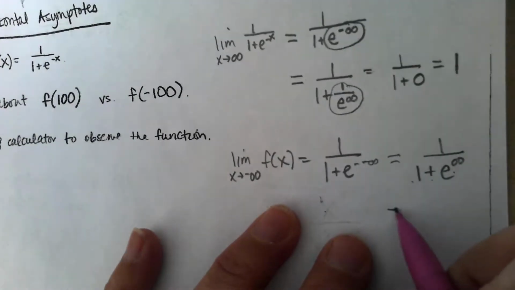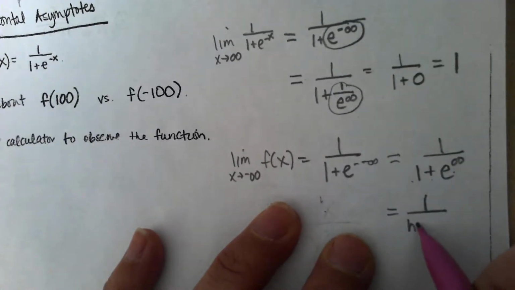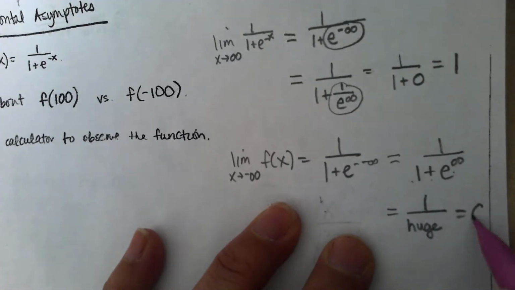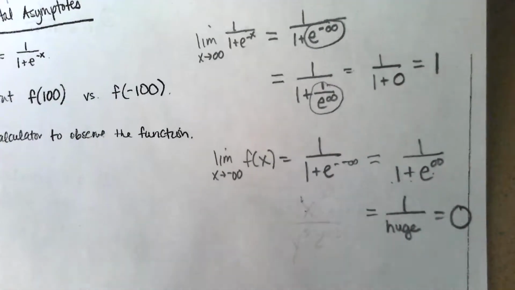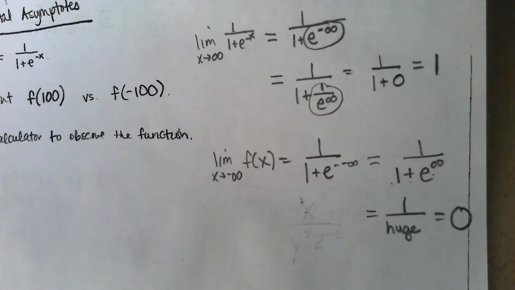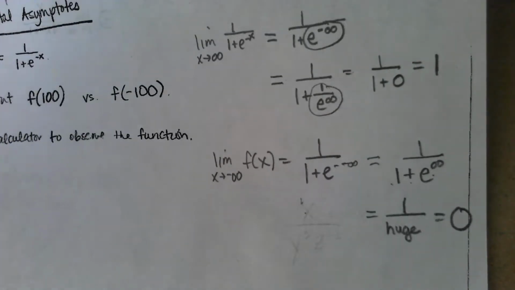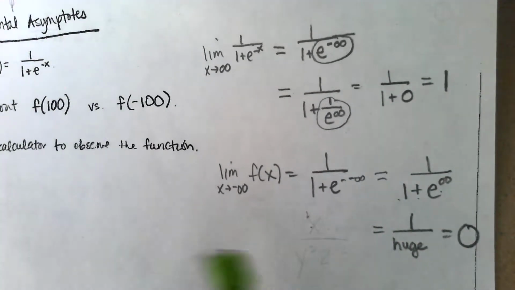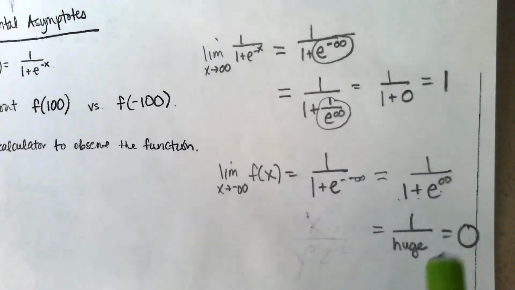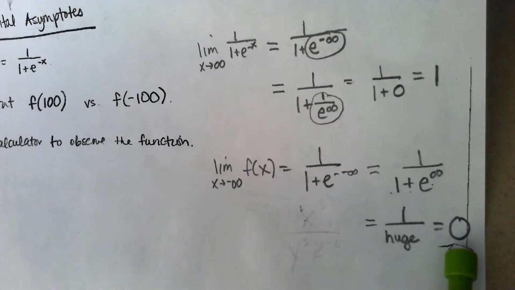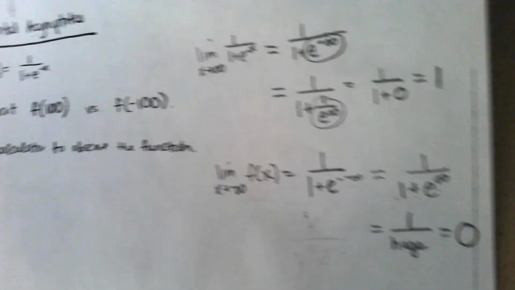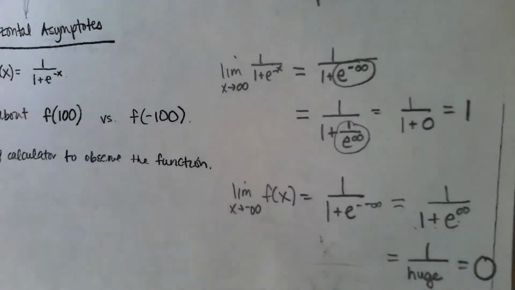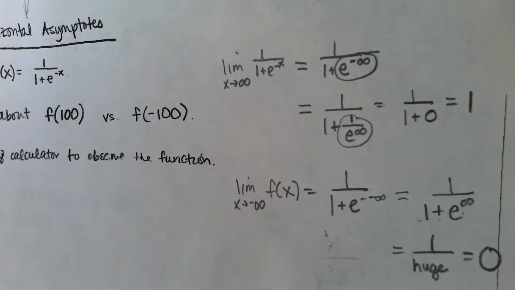So this is just 1 over huge, which is 0. Nice job, Kristen. So now what this tells us, because we found the limit going towards negative infinity, is that there is another horizontal asymptote at 0. So this particular one has 2 horizontal asymptotes that, again, no rule that we've ever learned is going to tell you.